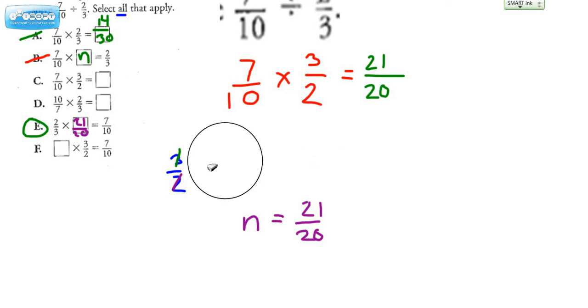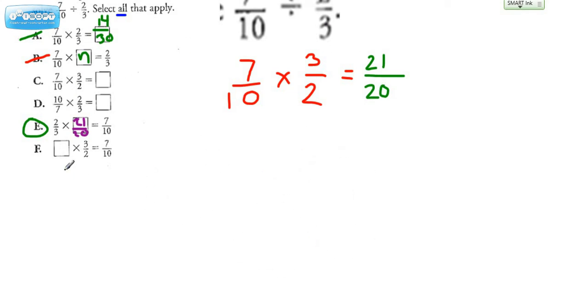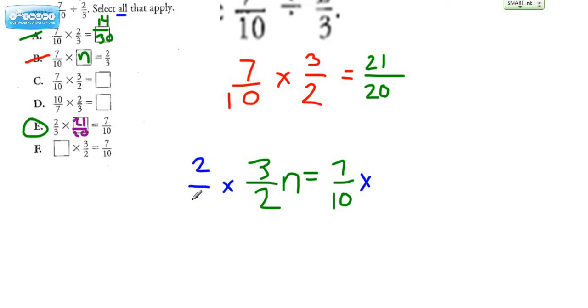But let's just take a look at the algebra on choice F. So this is 3/2, again, being multiplied by some number, so I'm just going to put the n over here, equals 7/10. And when we're solving for n, we want to multiply both sides of the equation by the reciprocal of the coefficient, which is right here. Reciprocal of this, we just flip it around, that becomes 2/3, and then we multiply over here by 2/3.